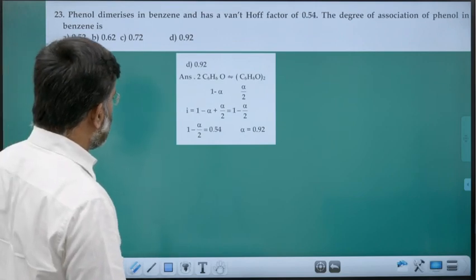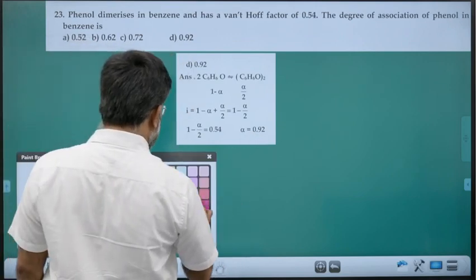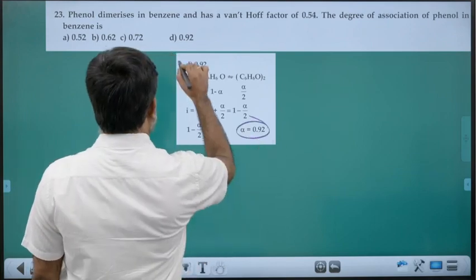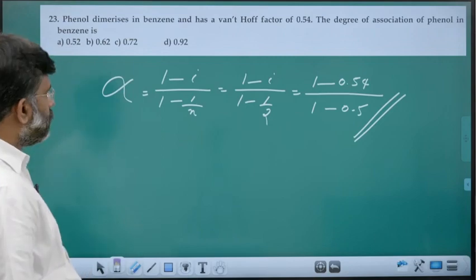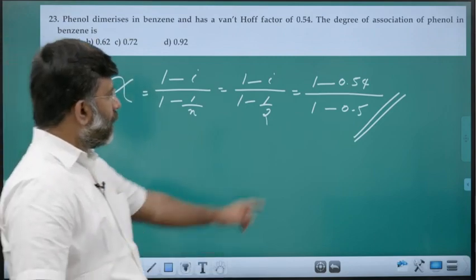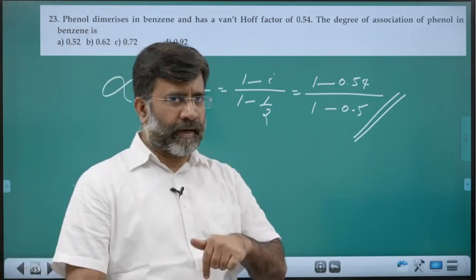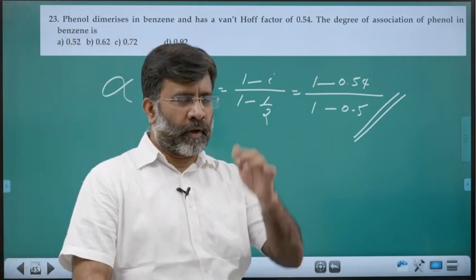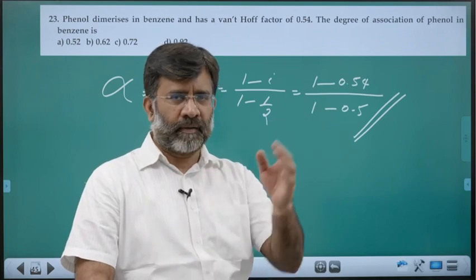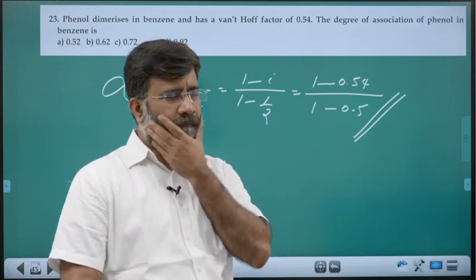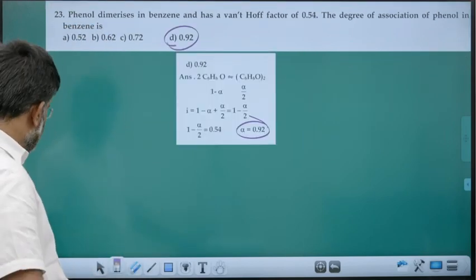Exactly, alpha is 0.92. That is more than 90% definitely. No need to calculate. Next question.